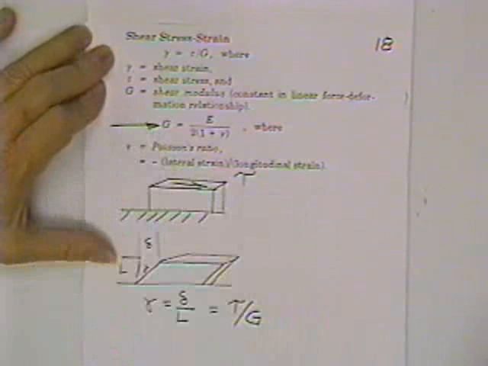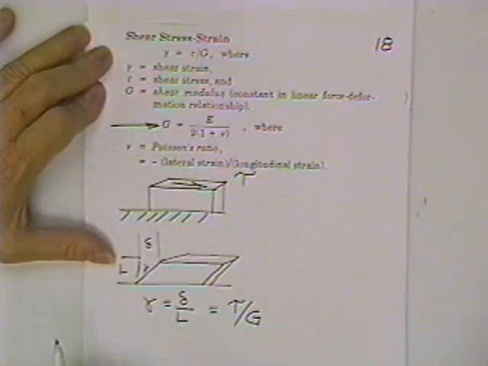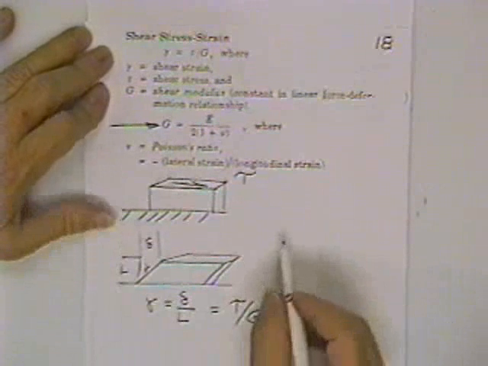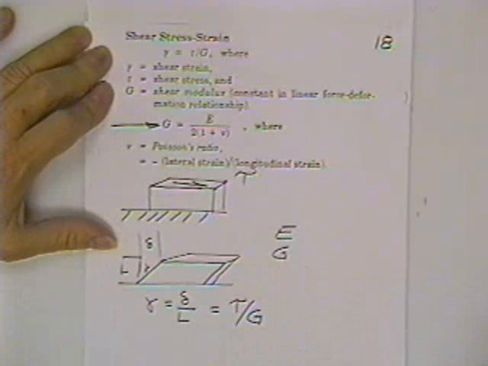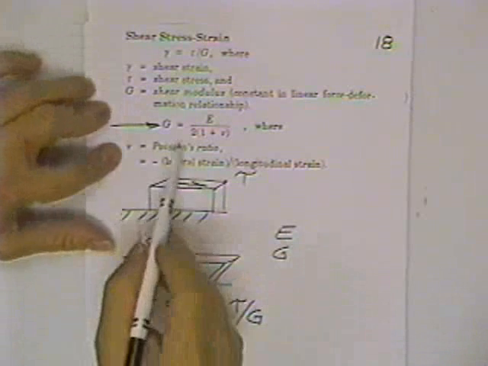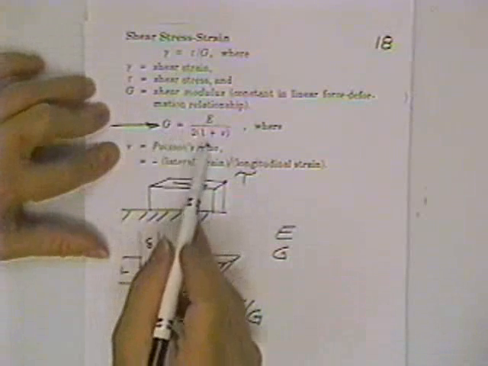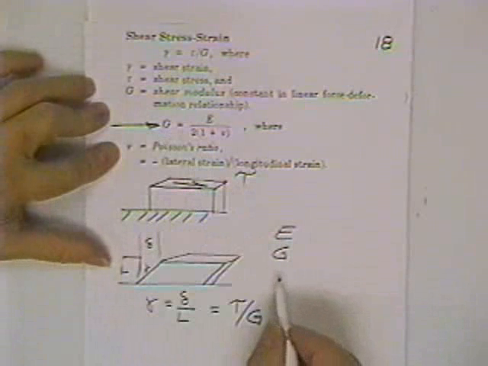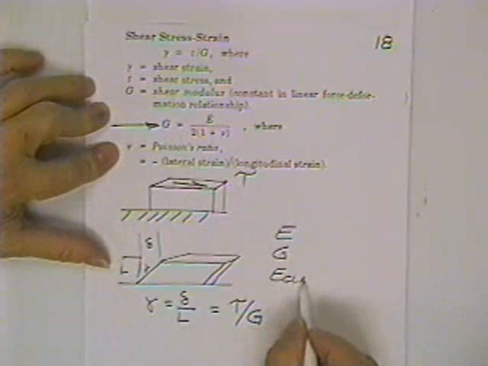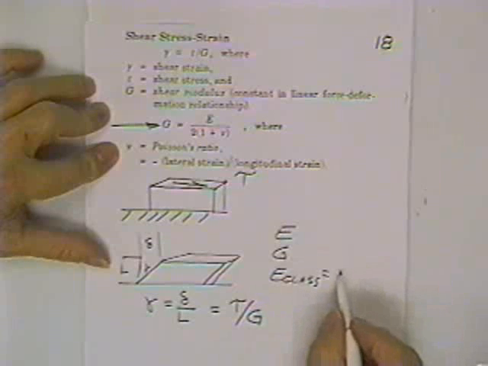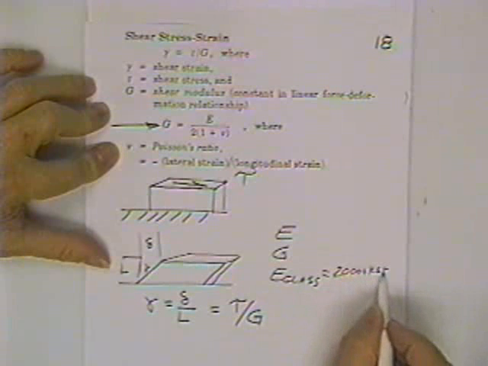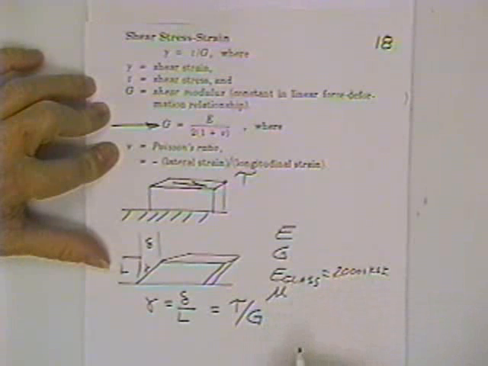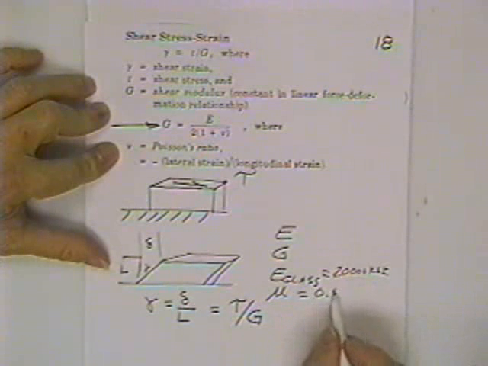Now this equation you probably ought to watch out for, because in the book he gives you E and he gives you G for some materials. If he wants to find out if you know this equation is around and how to use it, he might instead tell you E for glass is, and I don't know what it is, say 20,000 KSI perhaps, and its Poisson's ratio is 0.41.